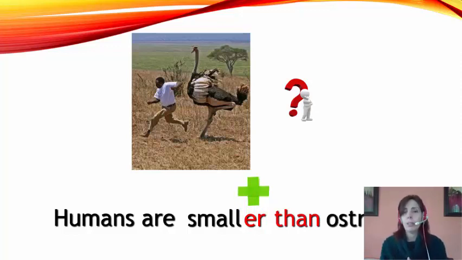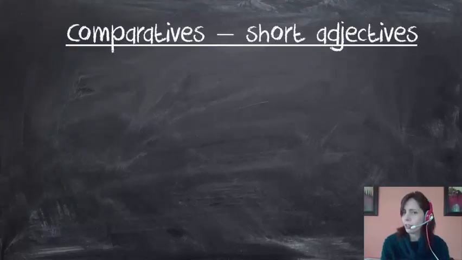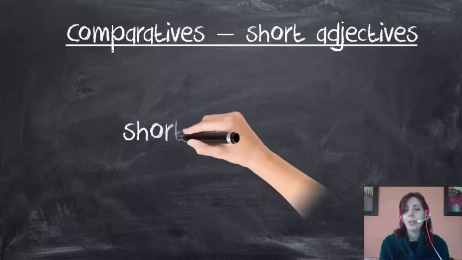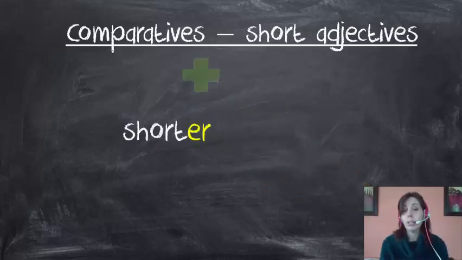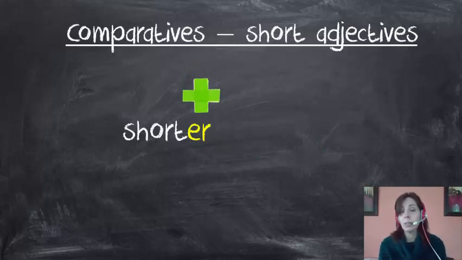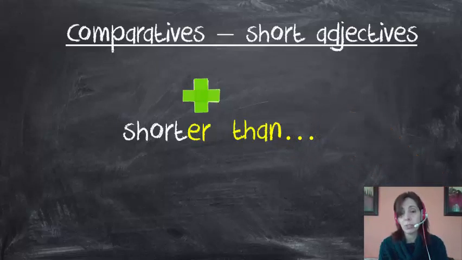Smaller. So, what happens with short adjectives? We add er to the adjective. So you say shorter, bigger, taller, than whatever comes next.